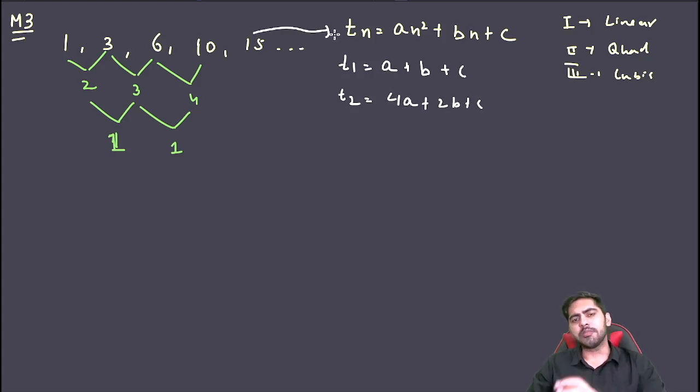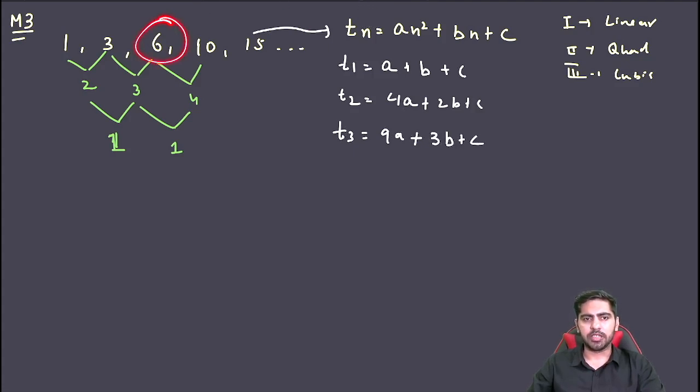The general term is basically like a machine where you put different values and get different outputs. If you put in 1 here, you get the first term. If you put 2 in this machine, you get the second term. If I put 3 here, I'm going to get t3, which is 9a plus 3b plus c.